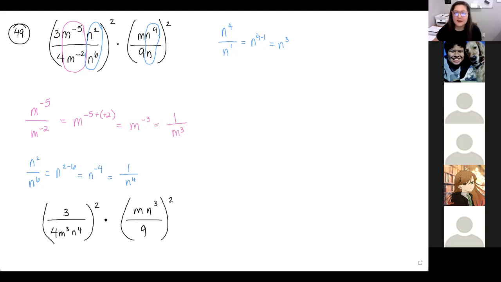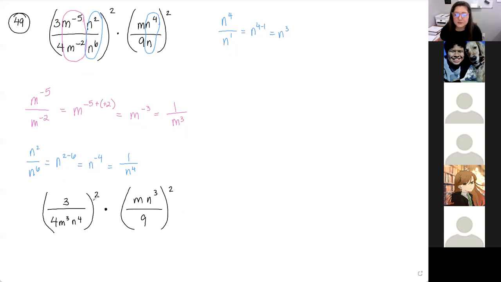So as I square it, what's going to happen is I'm going to distribute this 2 to every single term. So I'm going to have 3 to the second power, which is 9, 4 to the second power, which is 16, right? Because I'm going to multiply the exponents. And this is technically to the first power, right? Then I'm going to have m to the third to the second.